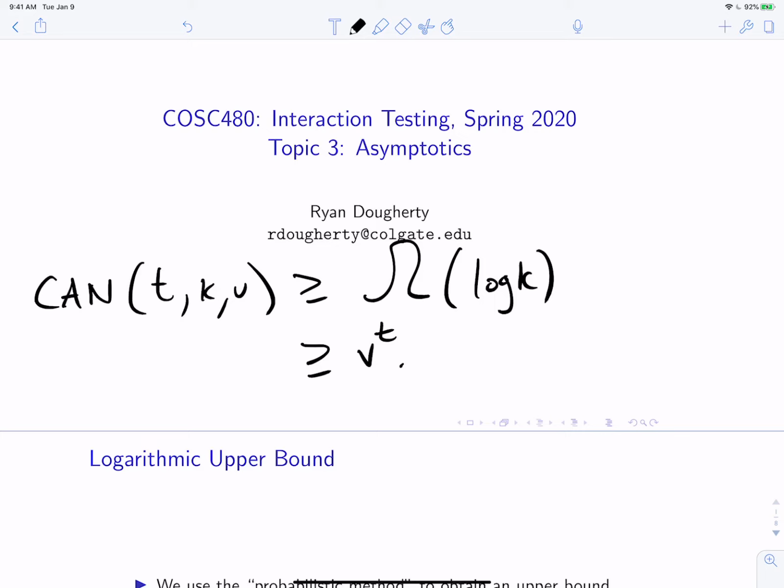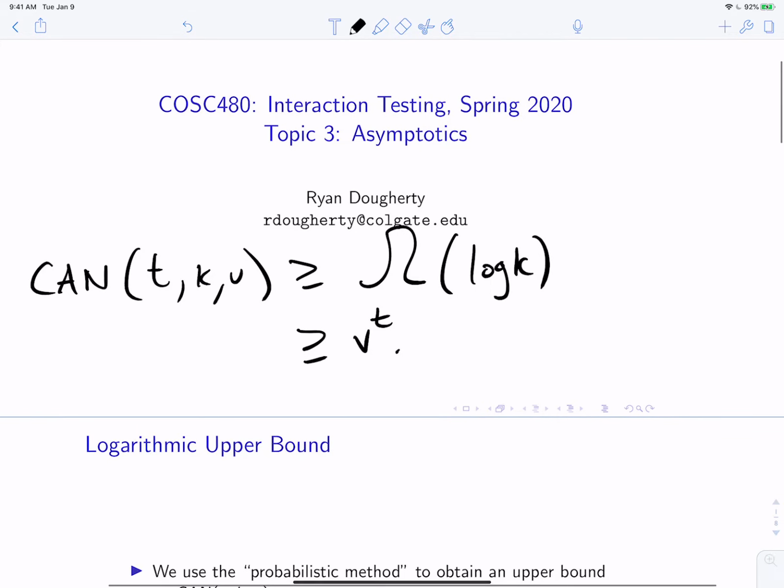So what does this really tell us? Let's look at this first bound. This says that if you let the number of columns grow and grow, the shape of the curve is like a logarithm, right? But what was another stipulation that we had to say on the log k here? Do you see a v or a t in here?